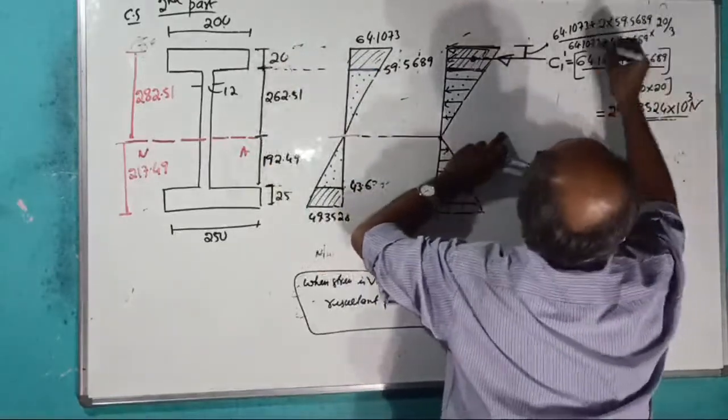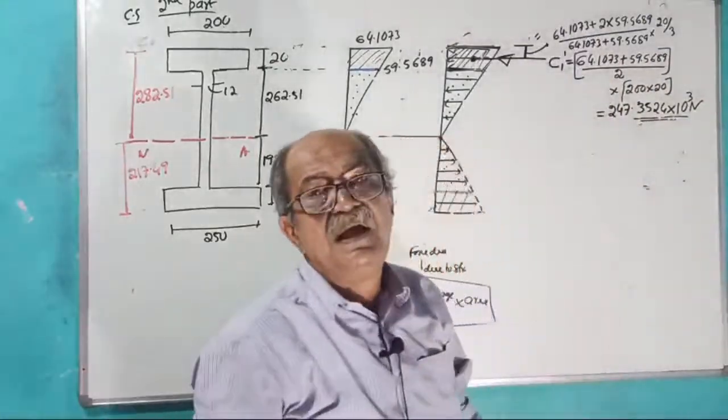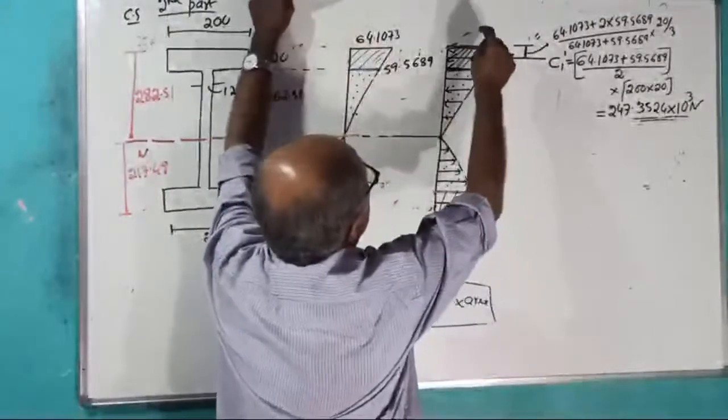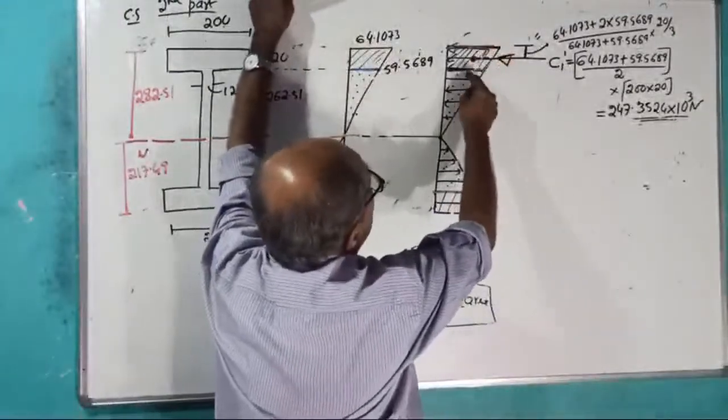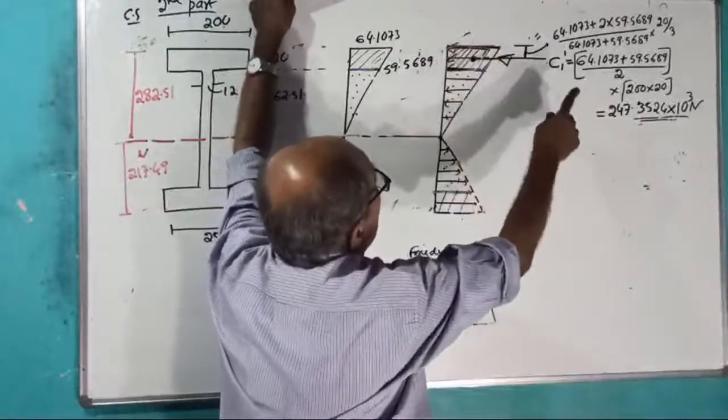You should know that one, it is (A plus 2B) by (A plus B). If I want CG from here, this side plus twice of this side divided by this side plus this side, into the distance between them divided by 3.